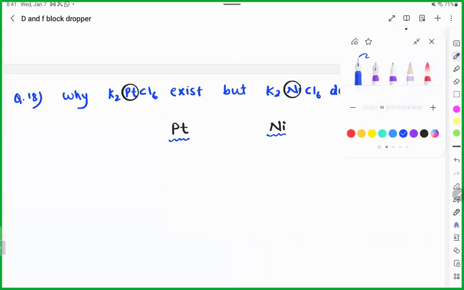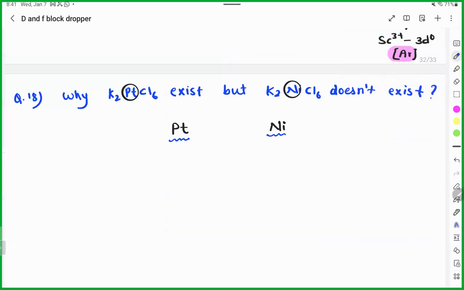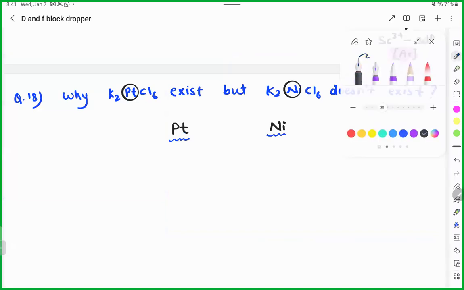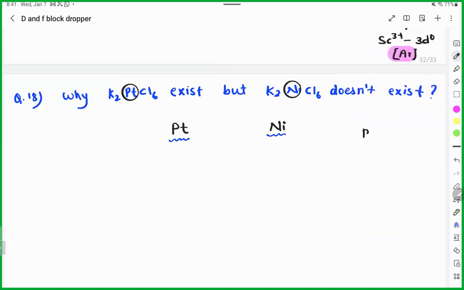So, if we see platinum, we know in both the situations, platinum is showing +4 oxidation state and nickel is showing +4 oxidation state. According to this, platinum in +4 state exists, but nickel in +4 state does not exist.